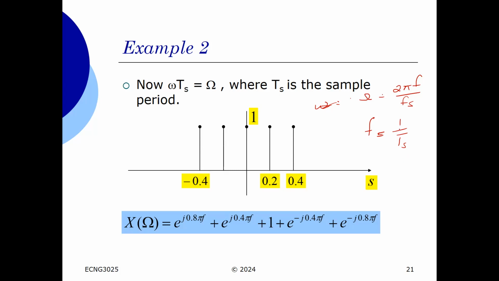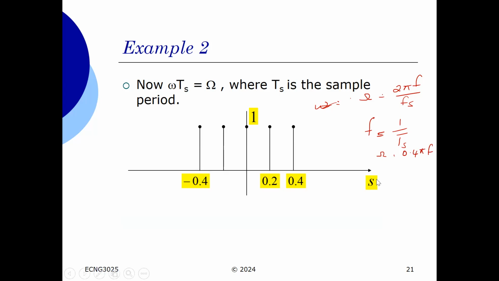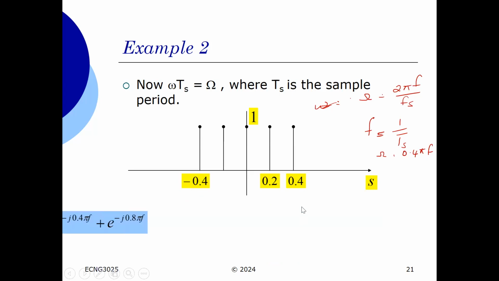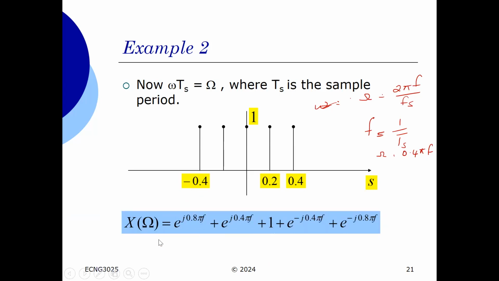So if I put that in here, omega is 0.4 pi f. Yeah? So if I substitute here for the omegas, then expand that, this is what I get. Just straight expansion. Everybody following?